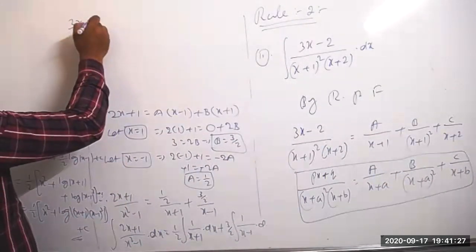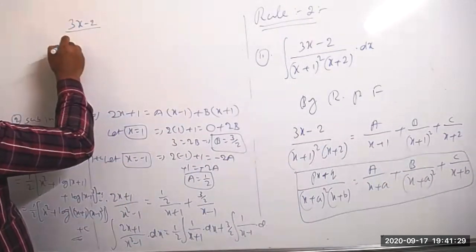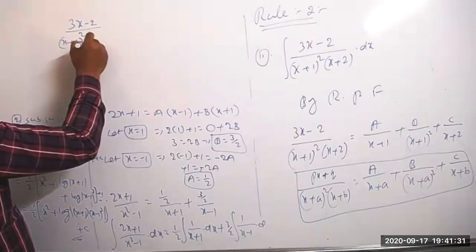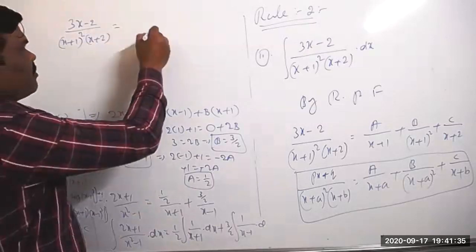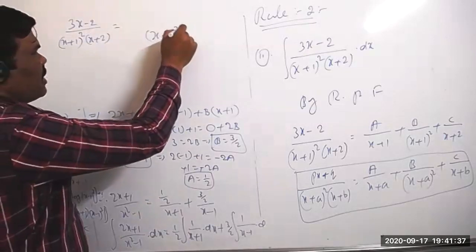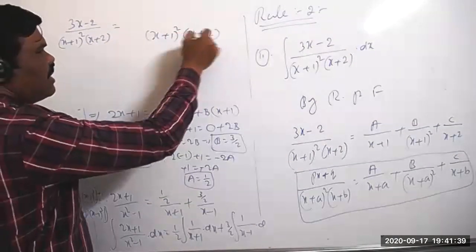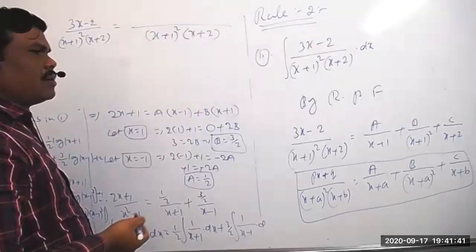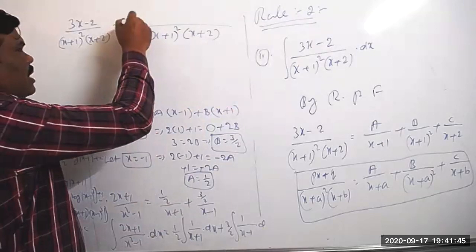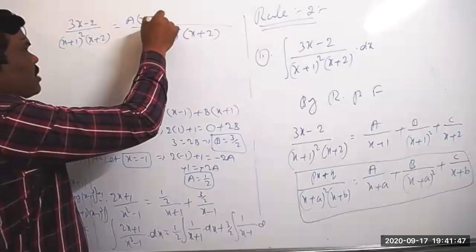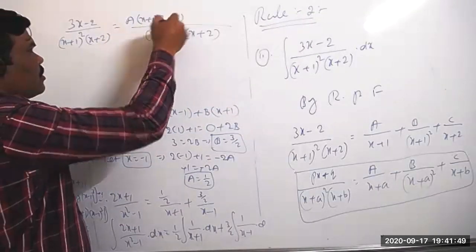So 3x minus 2 by x plus 1 whole square into x plus 2 is equal to, now take the LCM. x plus 1 whole square into x plus 2 is the LCM here. In the first fraction, x plus 1 will be cancelled, so we get a into x plus 1 into x plus 2.